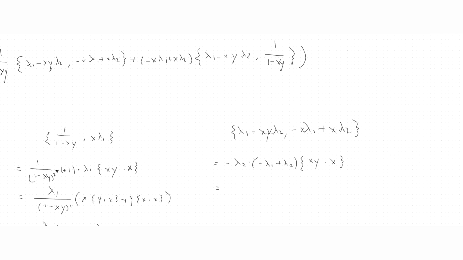So this equals to this minus lambda 2 minus lambda 1 plus lambda 2 x. If we change this to plus, let me see, this is xy.